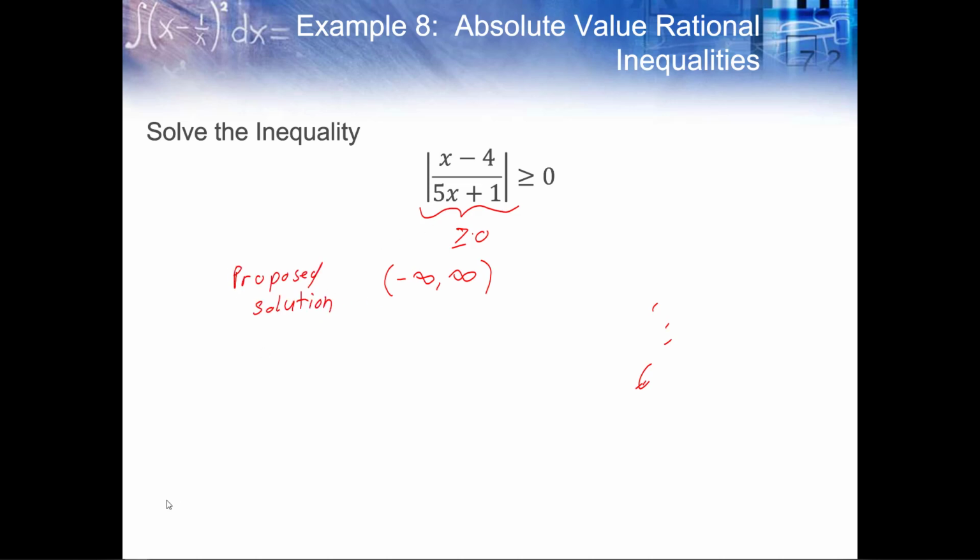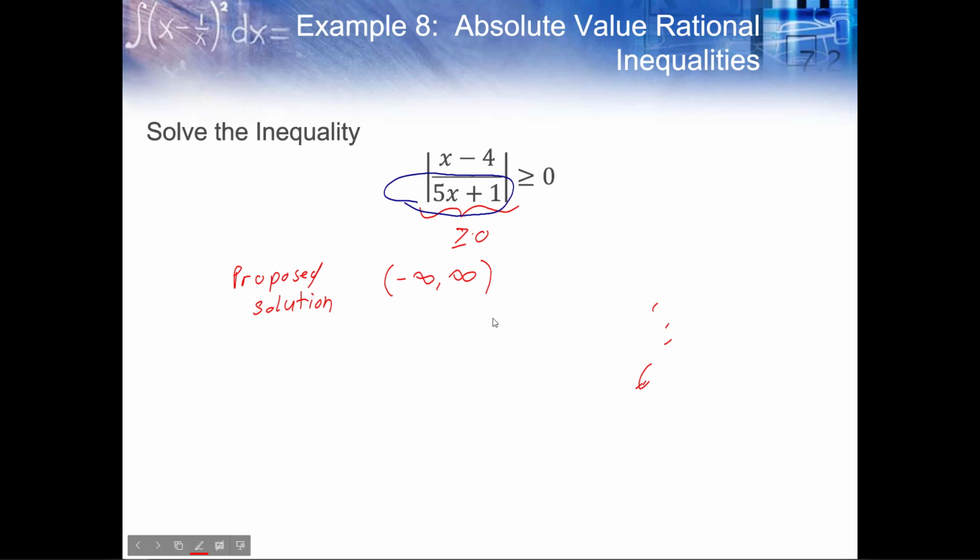Remember, we need to exclude every value of x that causes this expression to be undefined. So what you need to do is find that value of x which causes this denominator to go to 0, because when this denominator equals 0, this term is undefined, and therefore the inequality is undefined.